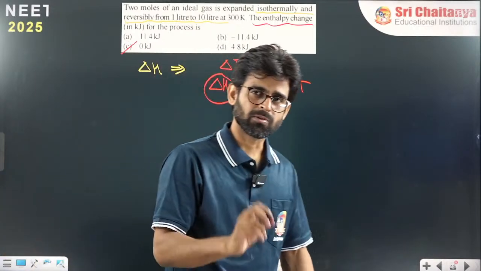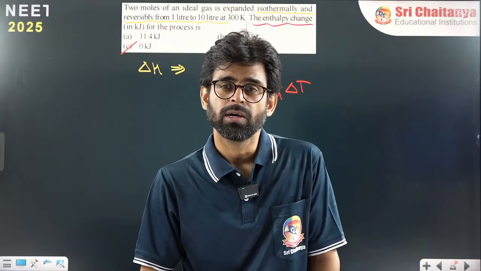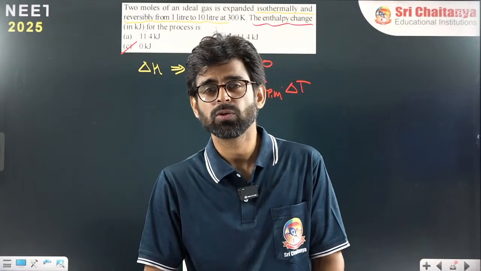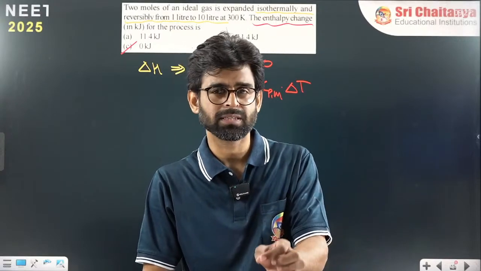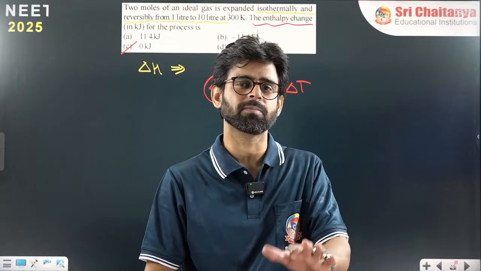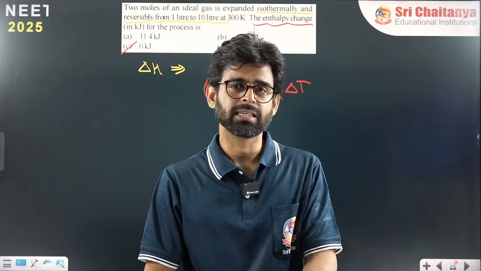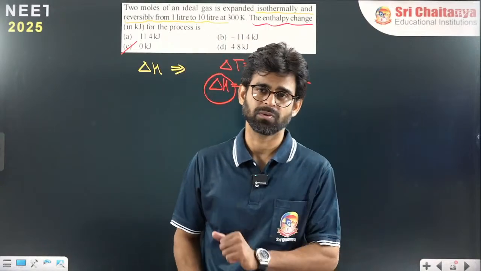If it is an isothermal process and there is no reaction going on, no phase change, just expansion or compression, then in such a case delta H as well as delta U both will be 0, right?